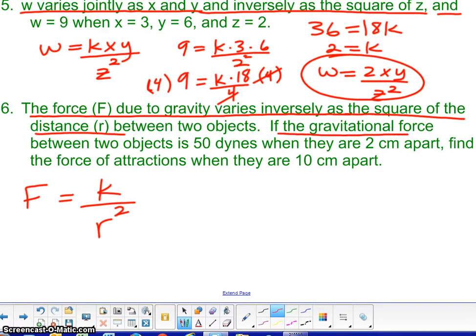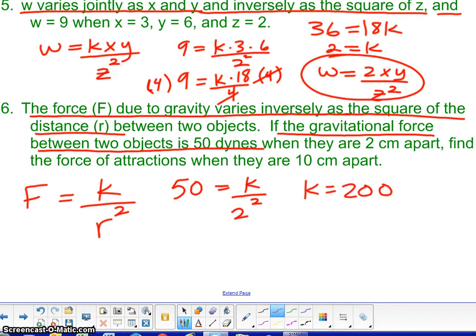The gravitational force between two objects is 50 dynes when they are 2 centimeters apart. So we are going to plug in 50 equals k over 2 squared. And you end up with k equaling 200. Okay? Then the equation of variation would be f equals 200 over r squared.